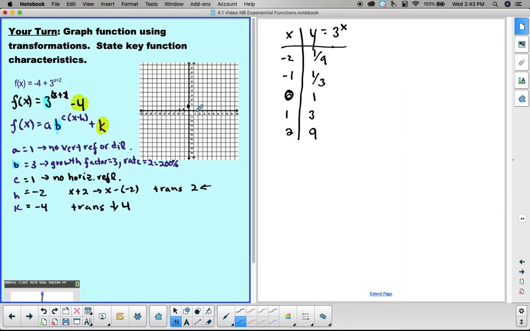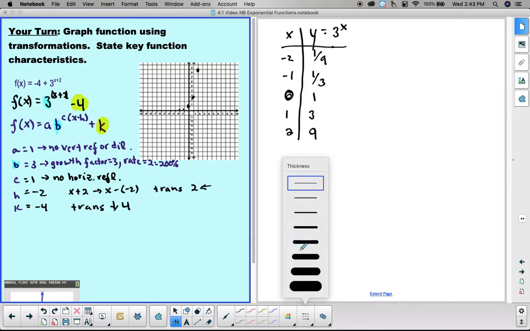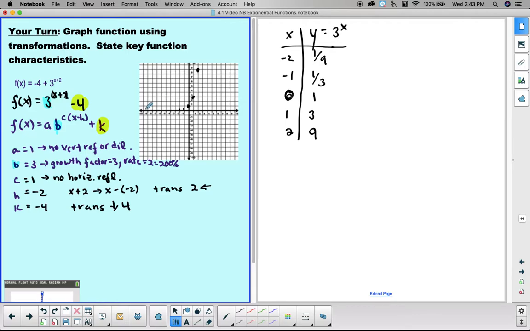So over 1 up 3, and then over 2 up 9. And so that is my parent function. Let me get a skinny line to graph that with. So here's my parent function. It has a horizontal asymptote, that's the x-axis, and it goes up like this.